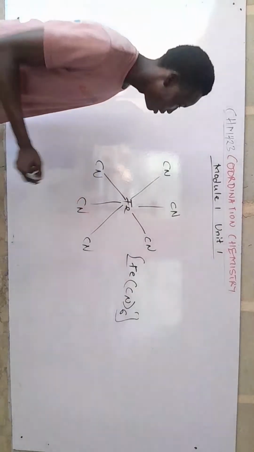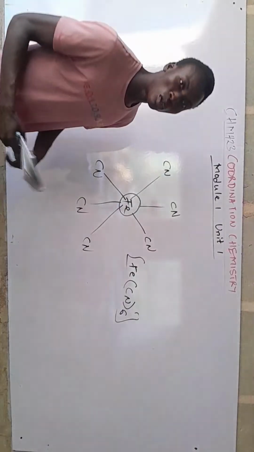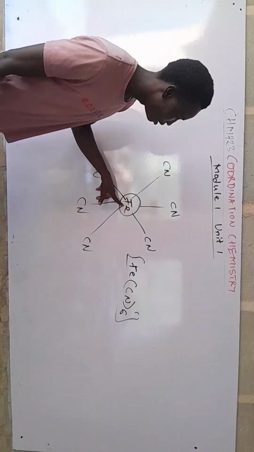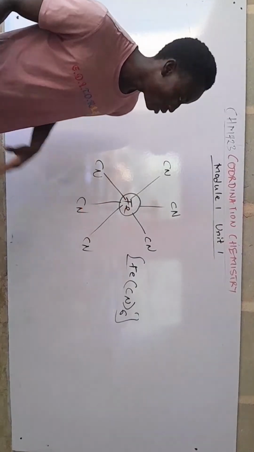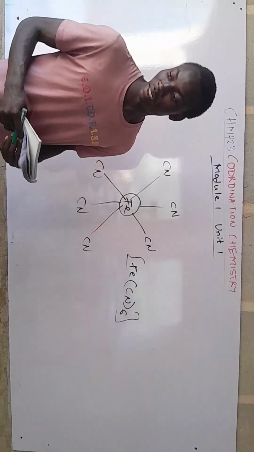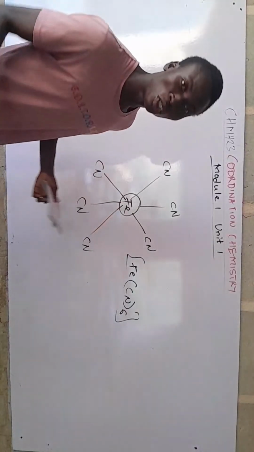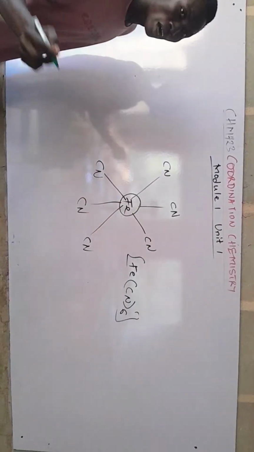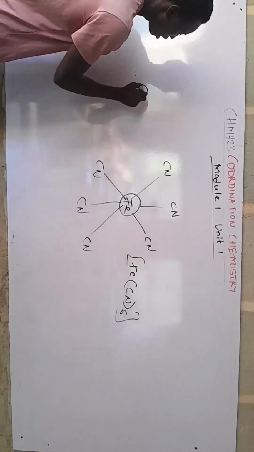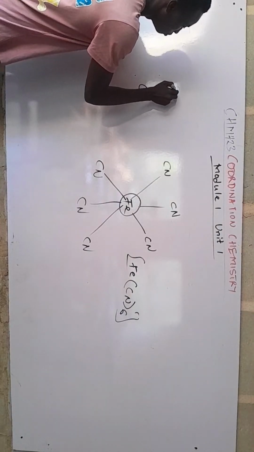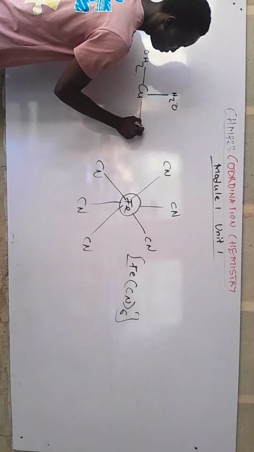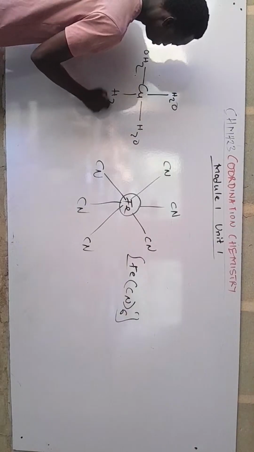Now, let me quickly buttress this: what you are seeing here is called the central atom or the central ion. Apart from this, we have many other related complex ions that I'll be mentioning. For example, we also have a compound where we have Cu surrounded by H2O.